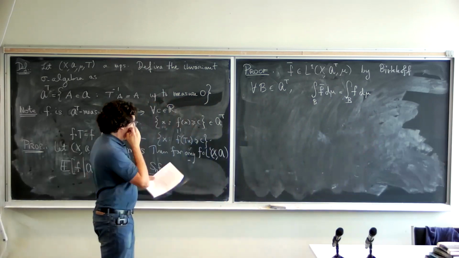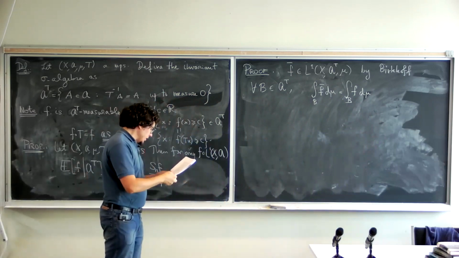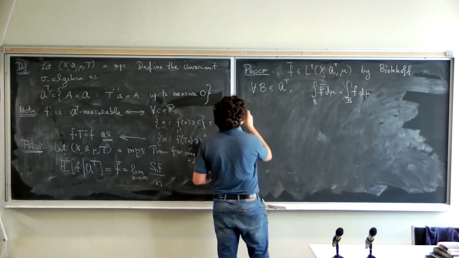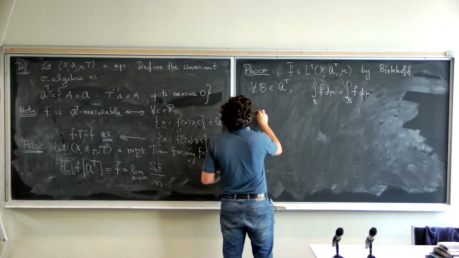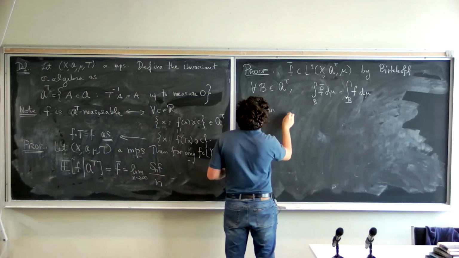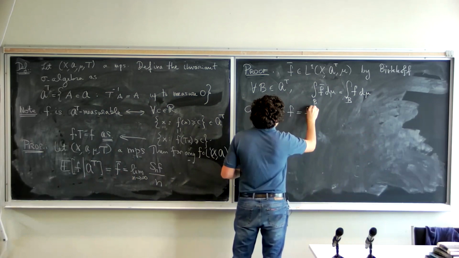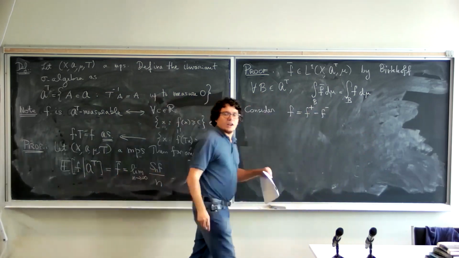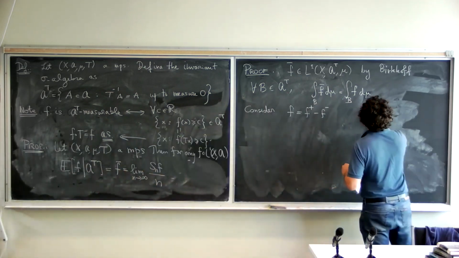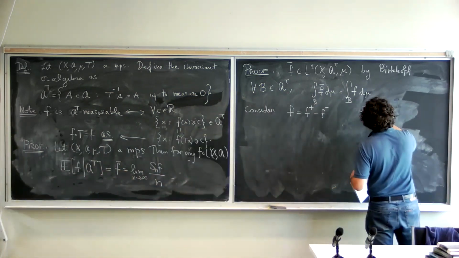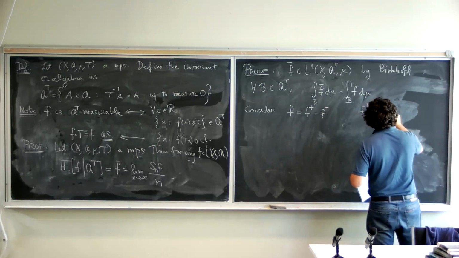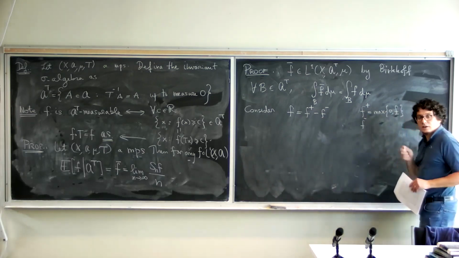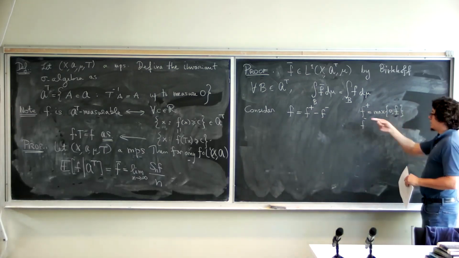Okay, so for that it takes just a little bit. It's not too complicated. So first of all, we can consider the usual splitting of f as f plus minus f minus, taking the positive and negative part. So what is f plus? Well, f plus is the max of 0 and f. And f minus is the negative part.